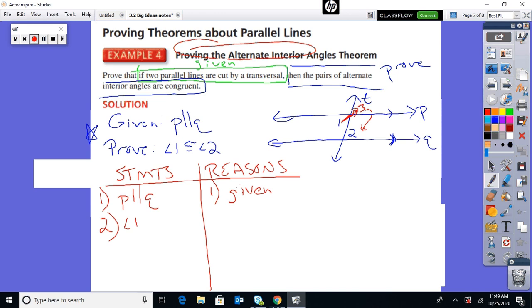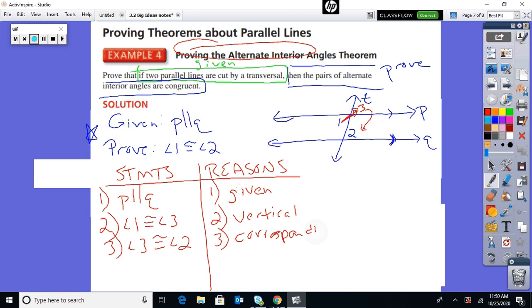So I'm going to say, all right, well, I know that 1 is congruent to 3 because they're vertical. Learned that last chapter. And I know that angle 3 is congruent to angle 2 because they are corresponding. Just learned that in this section.